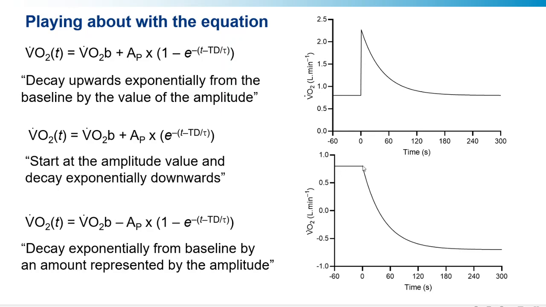We started from the baseline and then we've gone downwards, so we end up with a negative amplitude or a negative primary amplitude. This would imply that you are photosynthesizing, and as Kermit has always said, it's not easy being green. So that's just playing about with the equation a little bit, and that's all this equation does, is fit a mono-exponential function to whatever you ask it to in a way you ask it to do it.